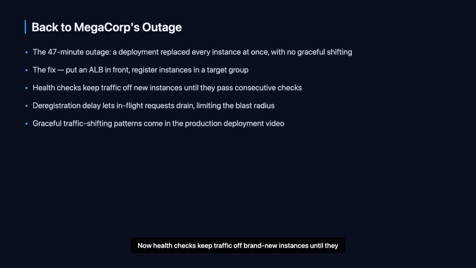Now, health checks keep traffic off brand new instances until they pass several consecutive checks, so a newly broken deploy is less likely to receive production requests before health checks catch it. And the deregistration delay, connection draining, lets in-flight requests finish on instances being retired. The graceful traffic shifting patterns like weighted target groups we'll cover in the production deployment video. Together, those two mechanisms limit the blast radius of any bad deployment.